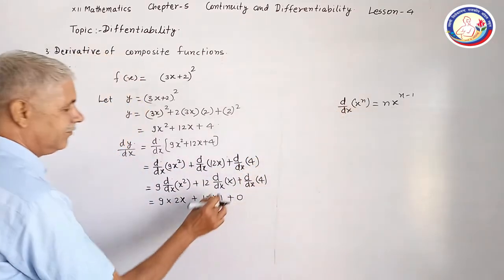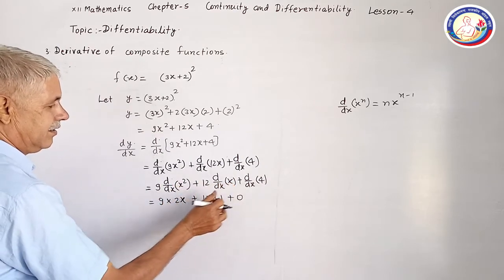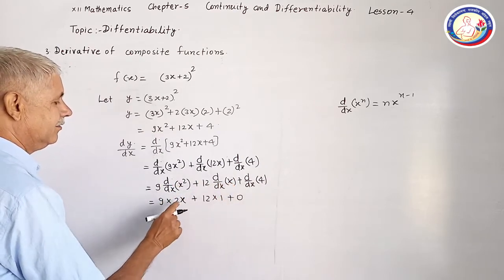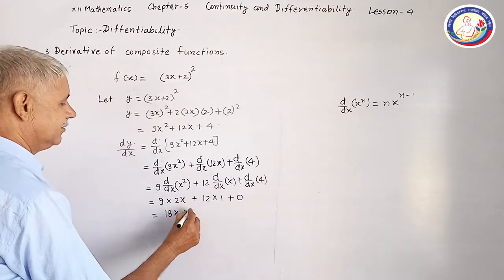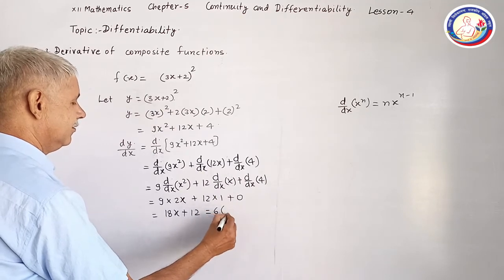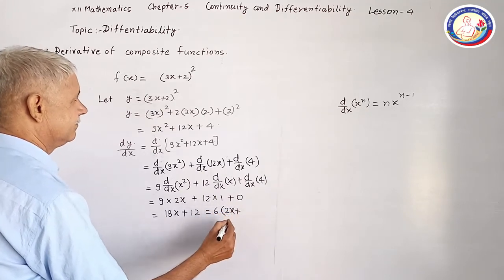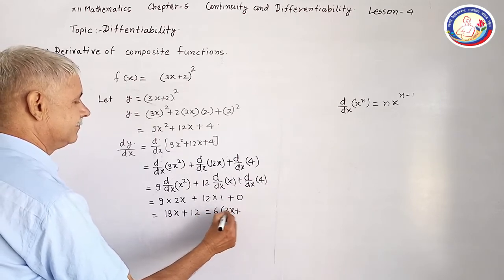Using this formula we found the derivative of x and x square, as here we are getting 2x and 1. Now it is 18x plus 12, and it will be equal to 6 into (3x plus 2).